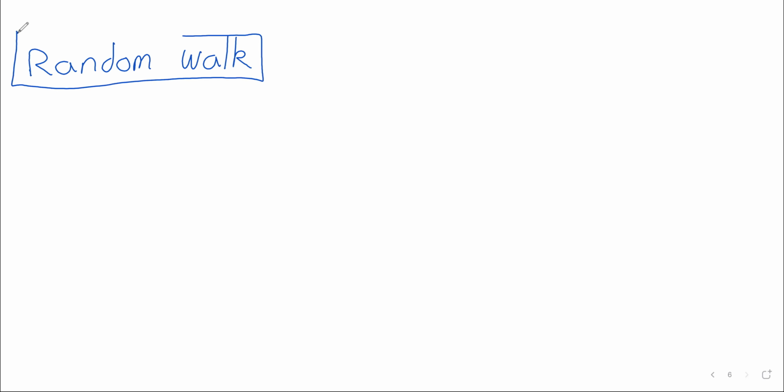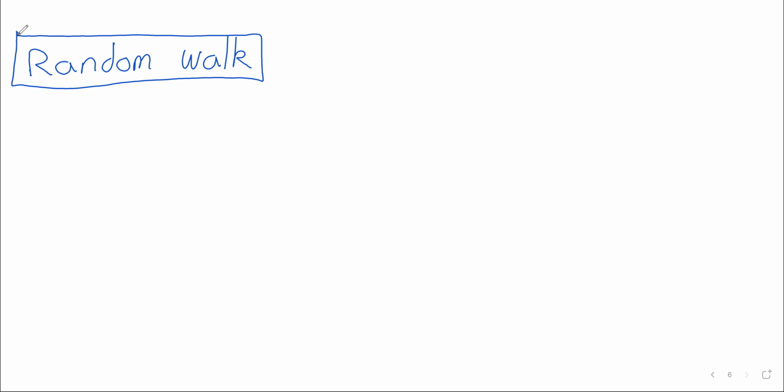So another example of a Markov chain that you know is important because it has its own name is a random walk.